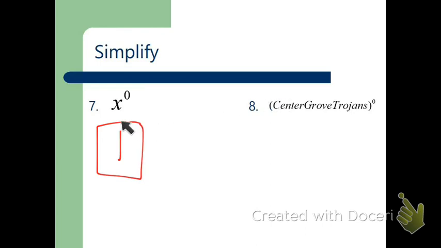So x raised to the 0 becomes 1. So what is Center Grove Trojans all raised to the 0 power? That becomes number 1. We're number 1, baby. Let's go. It's going to be 1.